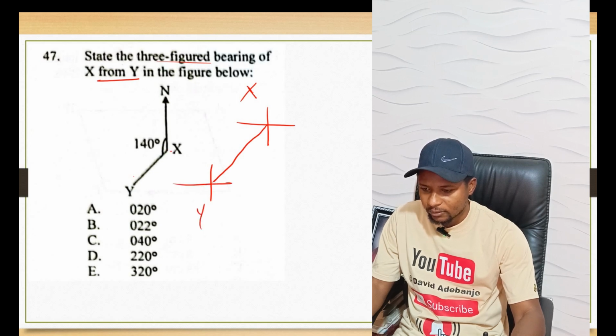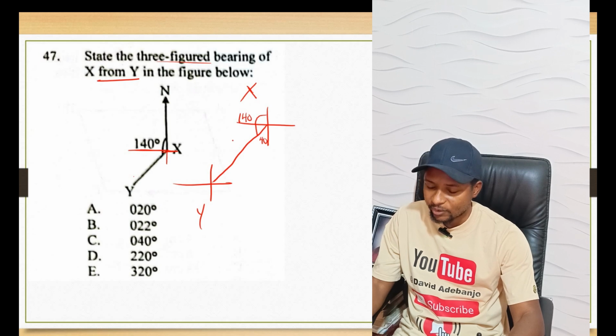So if you look at this, you can draw your line and section it out here. So if you section it out, if here is the whole of this place, they gave you to be what? The whole of this place will be 140. And sum of angle on a straight line will be 180. So this remaining part will be 40 to make up 180.